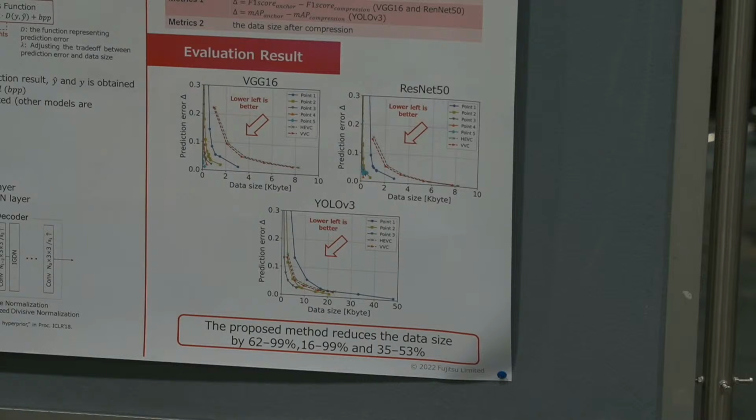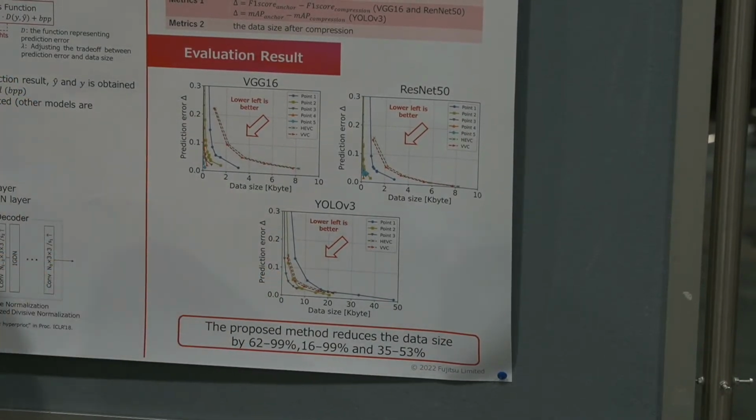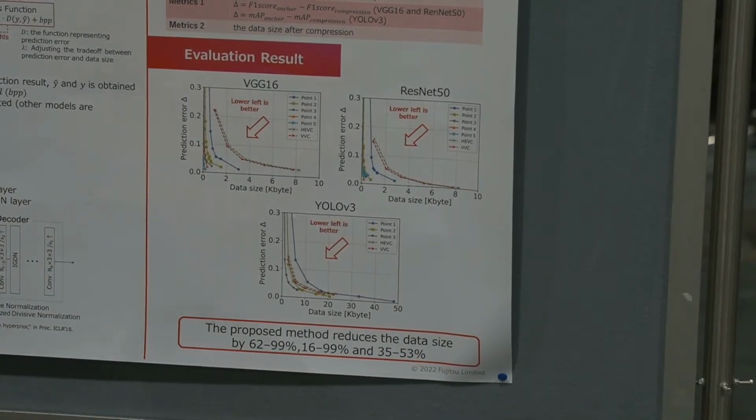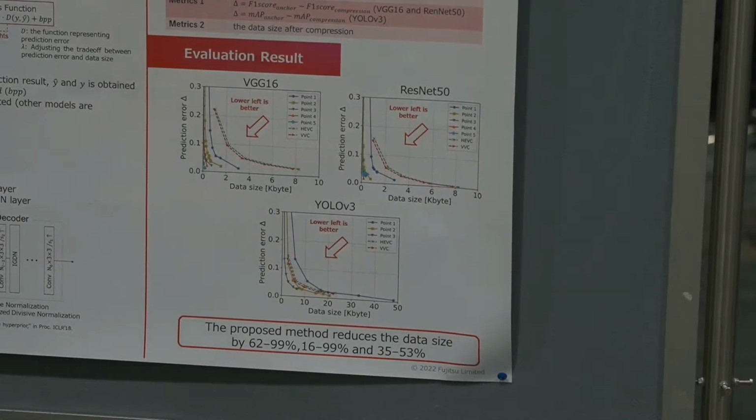However, in YOLOv3, our proposed method only outperforms them at 0.3, this gray line. This is because the object detection model has to detect objects and also predict the size and position of objects. So our proposed method has to keep object features and struggles to reduce data size.